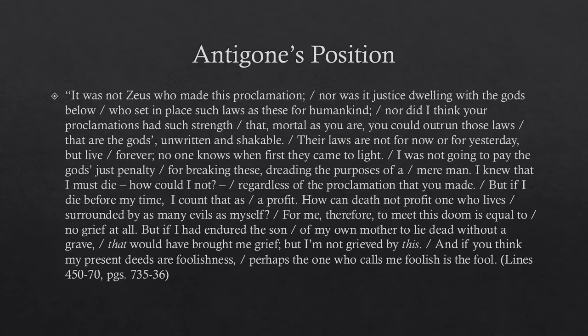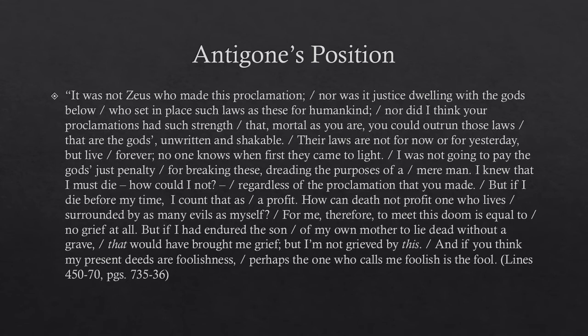He thinks that not burying traitors, even though it disobeys the gods, will unite his people. That's what he believes. And Antigone is saying, no, I have to obey the gods first and foremost. There is a higher law beyond the law of this city.